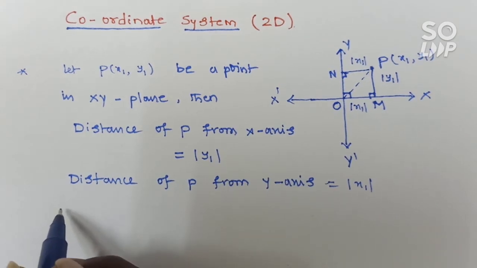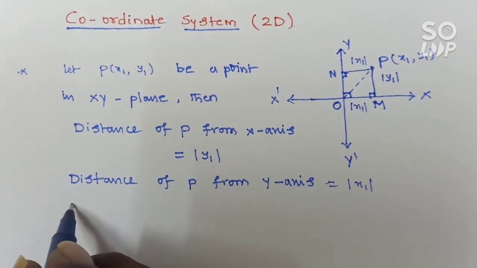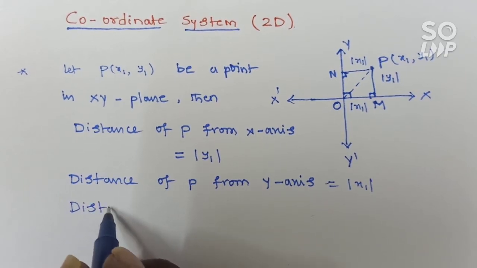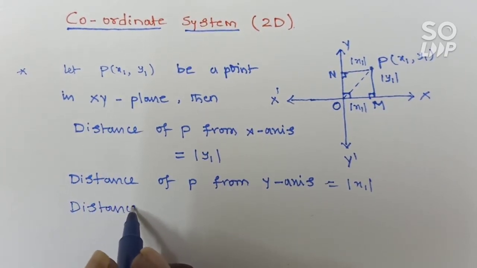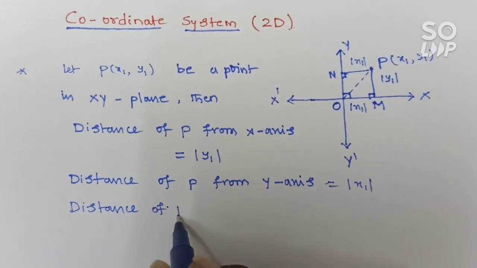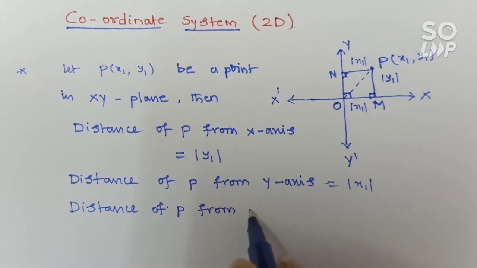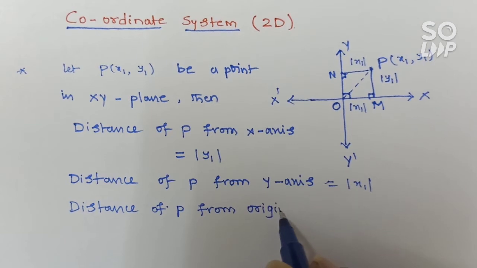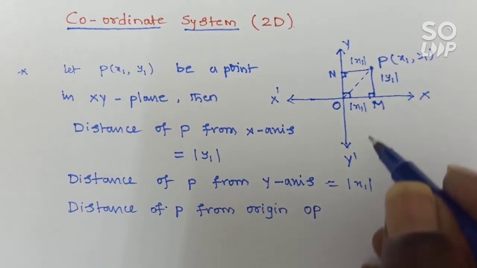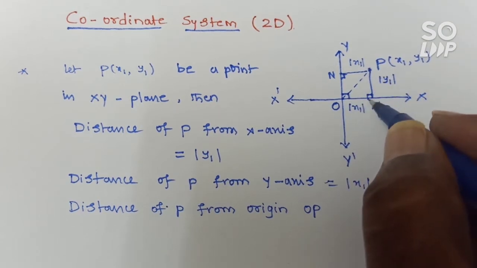Therefore the third point is the distance of P from the origin. It is denoted by OP. Clearly this is a right angle triangle.